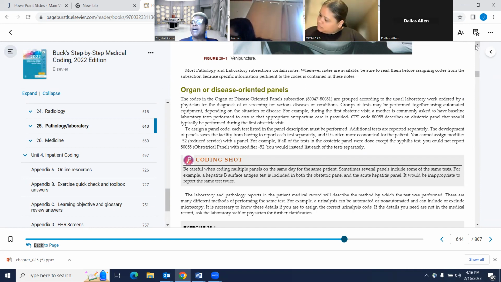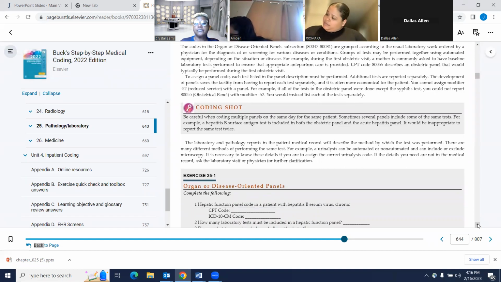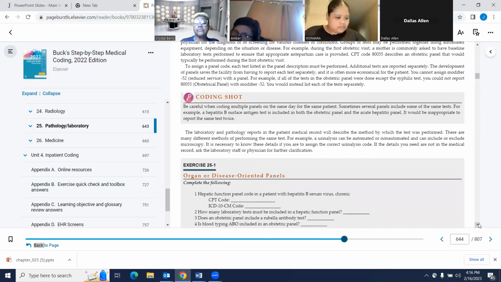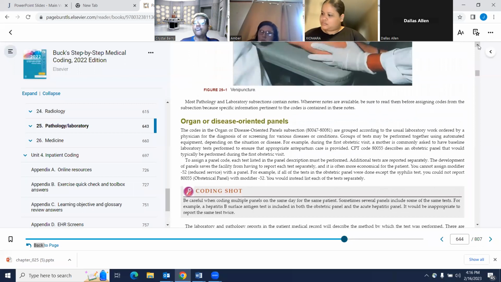Okay, so remember I gave you those codes in your e-learning, whereas you can put in and you can find a code like that as well. And also, Dallas, like I said, at the code range, when you're looking, remember to stay within this range. If you go outside of this range, then you know you're in the wrong section.